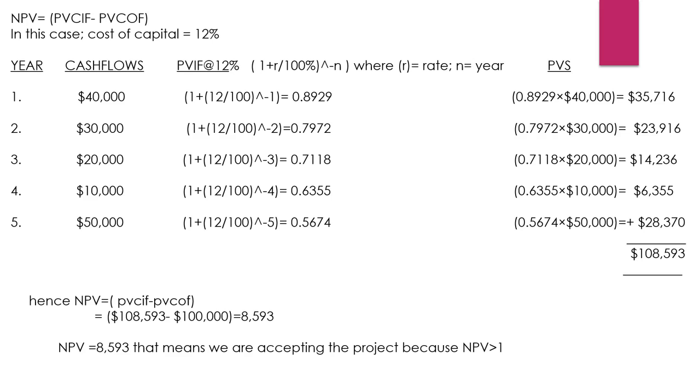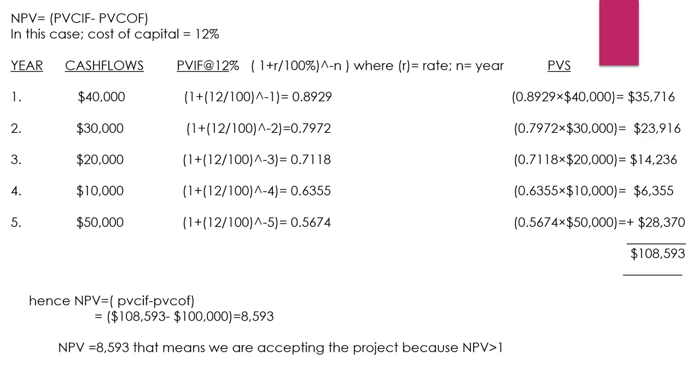Okay, the fourth year cash flow is $10,000. So the present value of cash inflow at 12% will be, open the bracket, 1 plus 12 over 100, close the bracket, you raise it to power -4. The value you get is 0.6355.